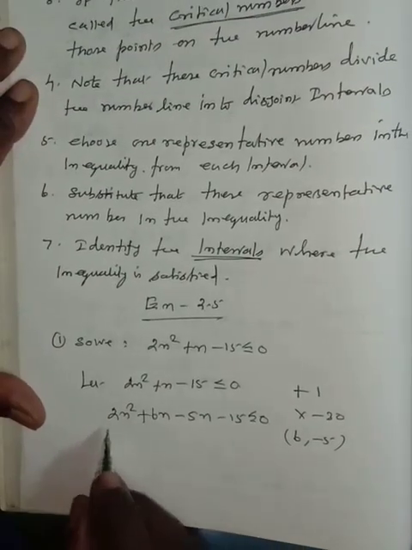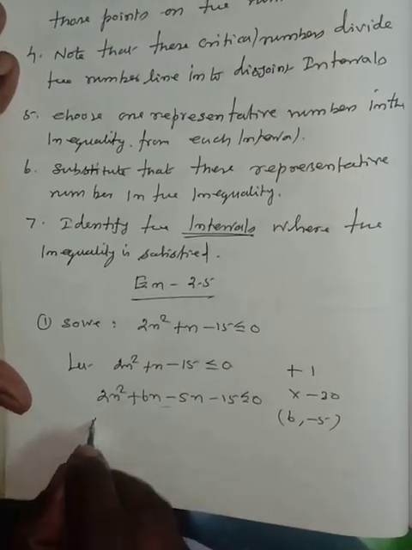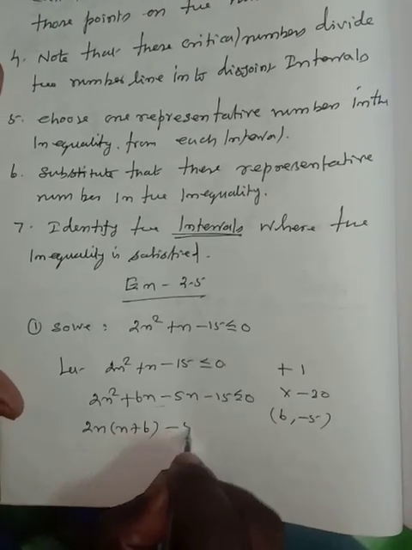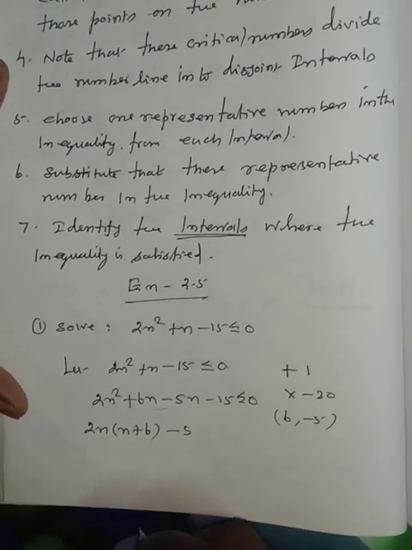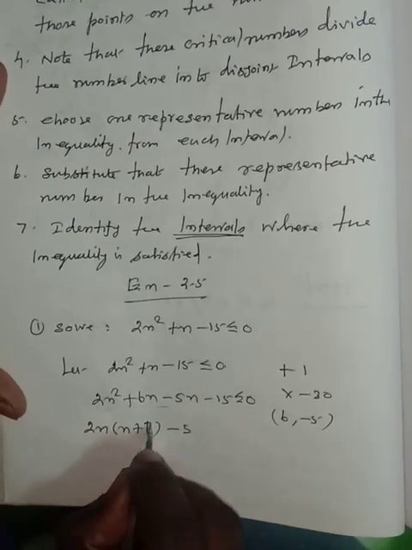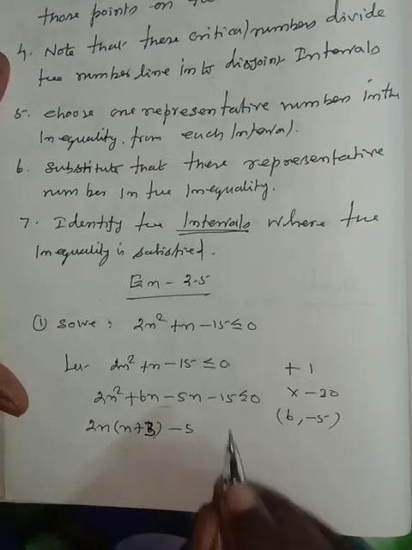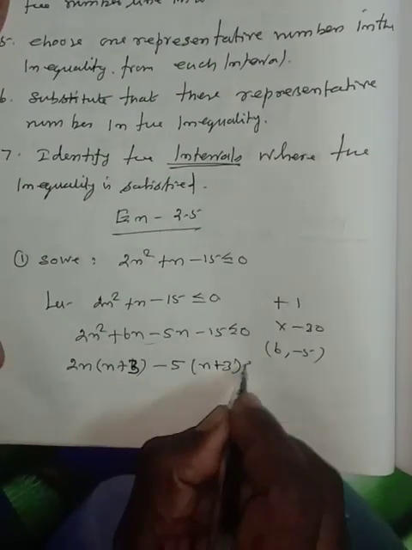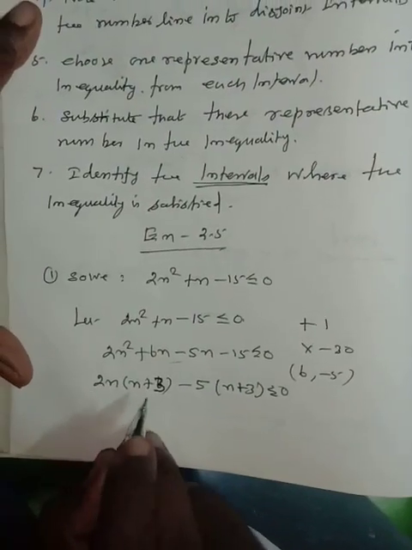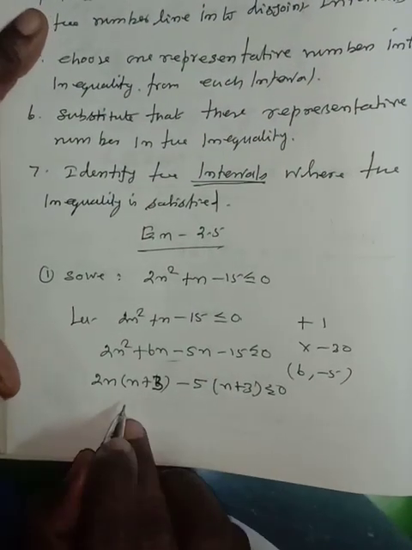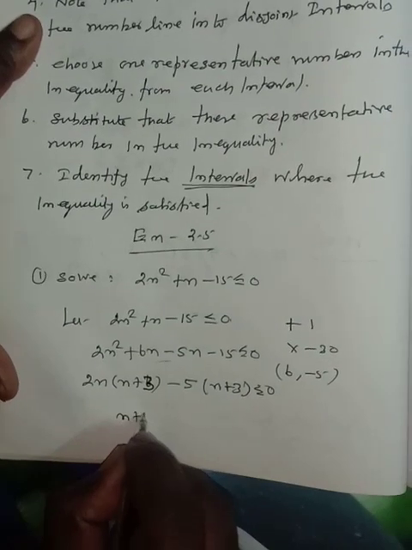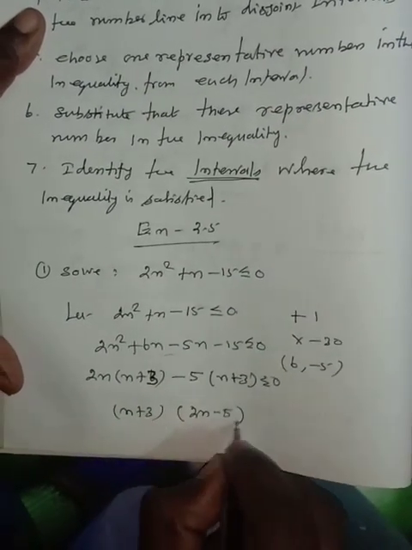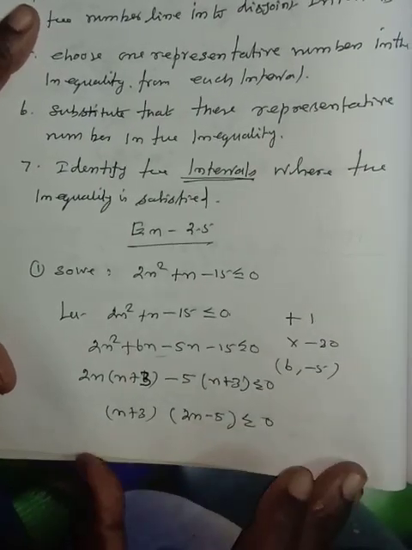Next, take the first two terms: 2x is common, x + 3; then −5 is common, x + 3. Take the two brackets, x + 3 is common. So (x + 3)(2x − 5) less than or equal to 0.